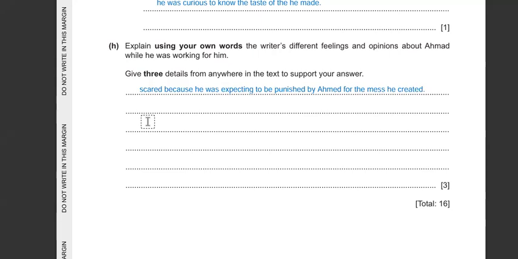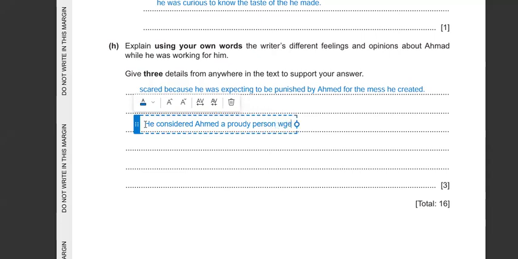So the second feeling that we can see from the text is that he considered Ahmed a proud person when Ahmed mentioned, not proudy.